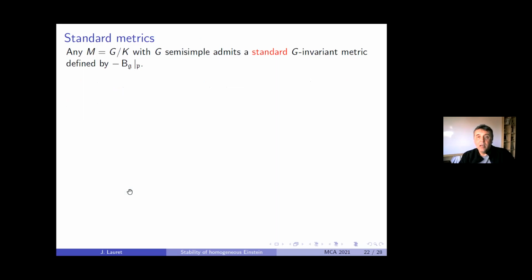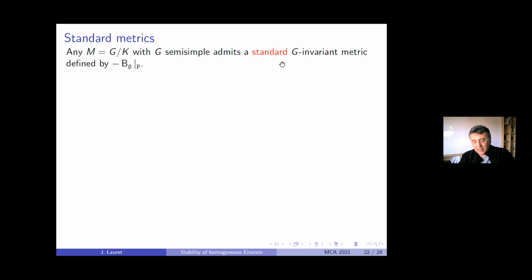For instance, when G is semi-simple, you also have like the Killing metric for a compact simple Lie group. When G is semi-simple, for any homogeneous space G over K, you have like a canonical G invariant metric.